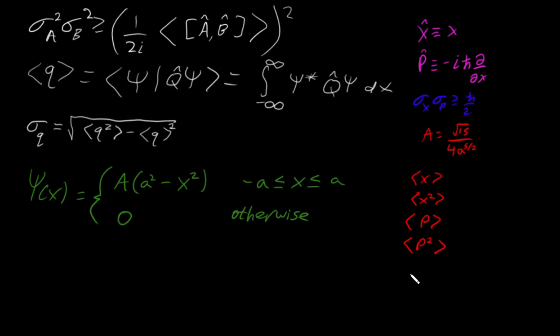And then, given all this, why don't we just find the standard deviation of position and the standard deviation of momentum, right? So we find all of this, and then we can check to see if this wave function violates the uncertainty principle. And if it violates the uncertainty principle, then the principle is wrong, right? Because our theory is that no wave function, no normalized function at all, can violate this uncertainty principle.